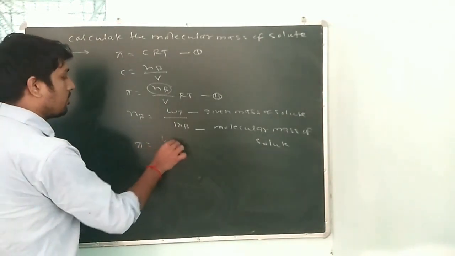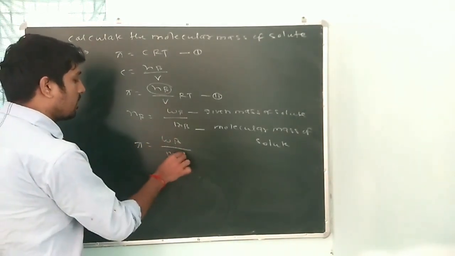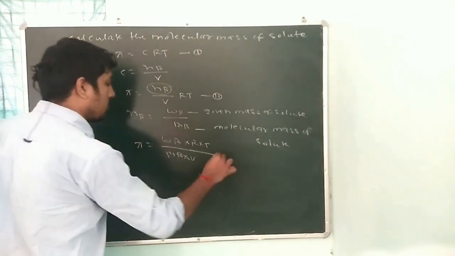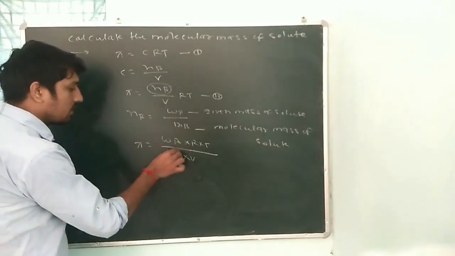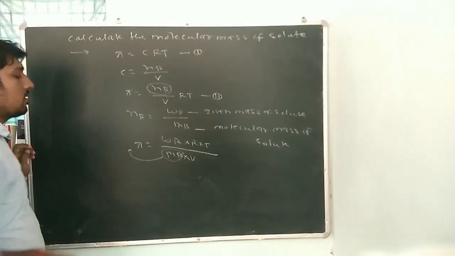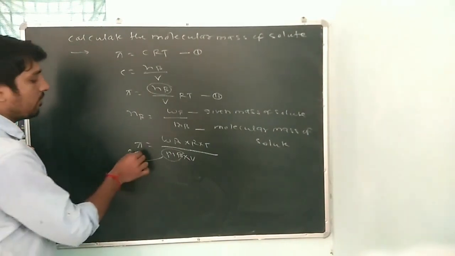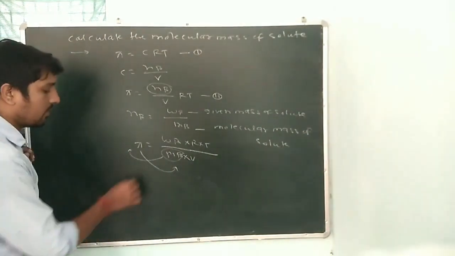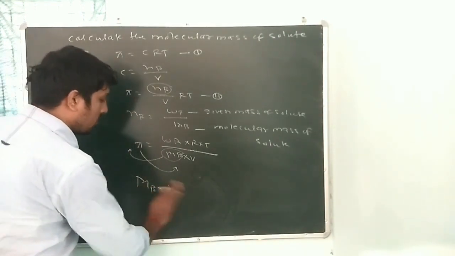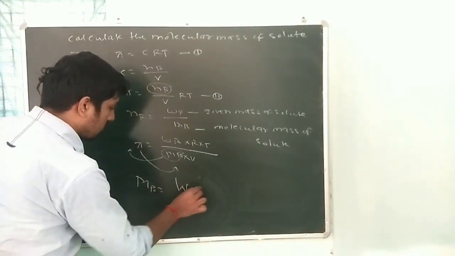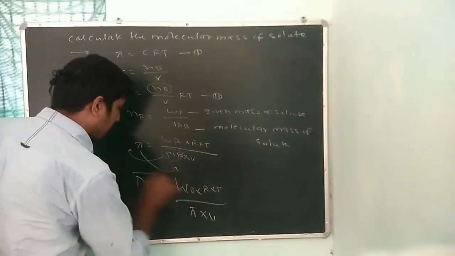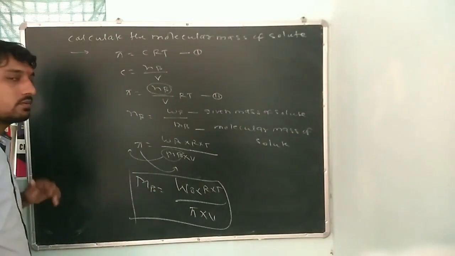Now you put the value of nB in equation number 2. So pi is equal to WB upon MB times V, times R times T. Now you place pi on the place of MB, and you get the molecular mass of solute.